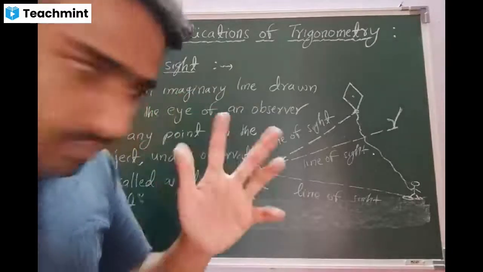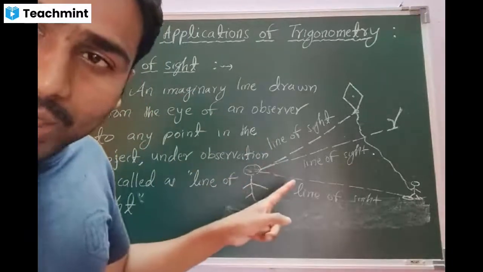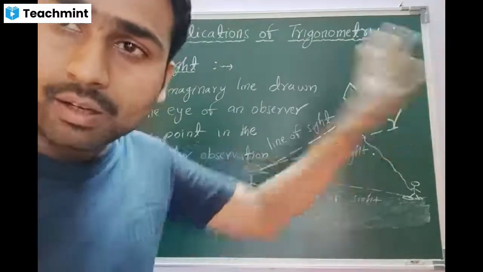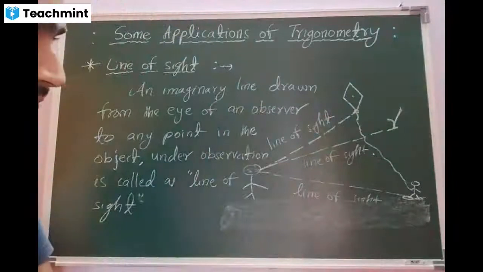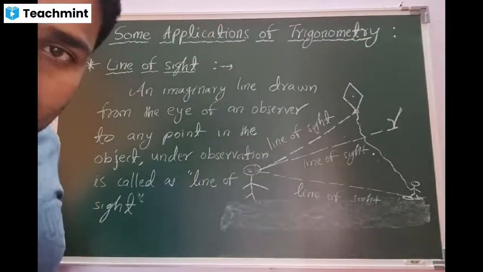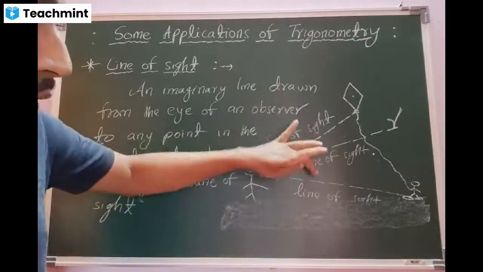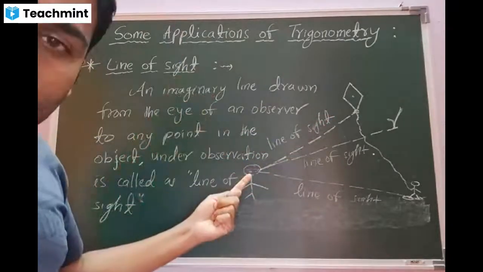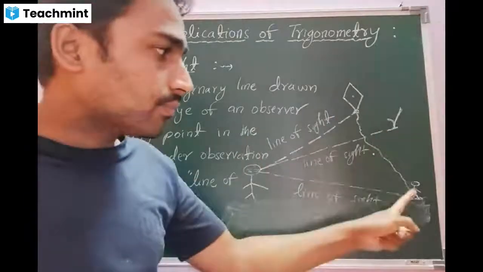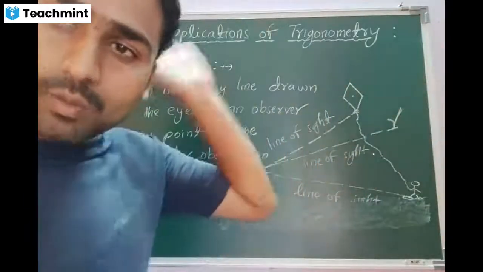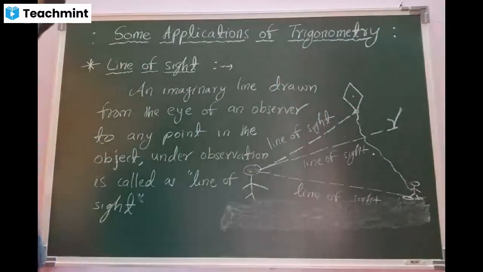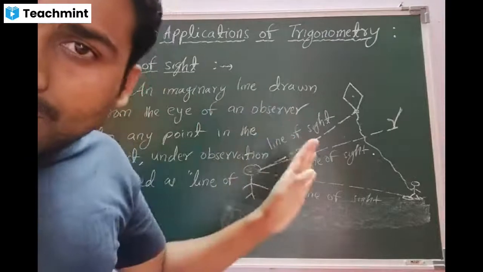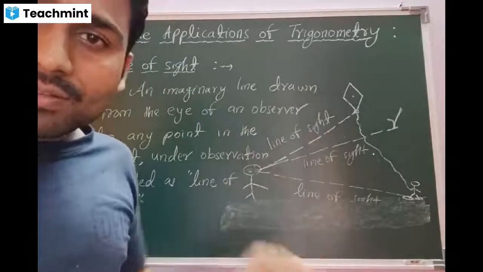Again, the same boy started looking at the beginning point of a bird flying in the sky. Got it, beta? So all the three dotted lines are the imaginary lines joining the eye of the observer with a particular point in the object under observation. Clear? Hence, these are all referred to as line of sight.